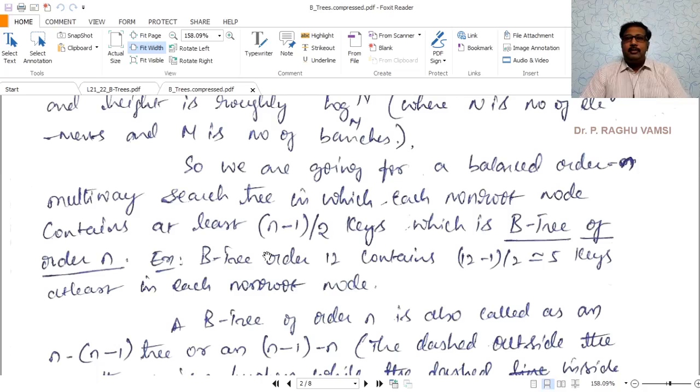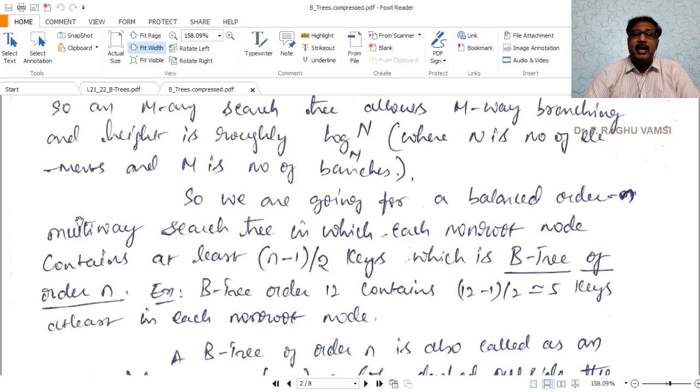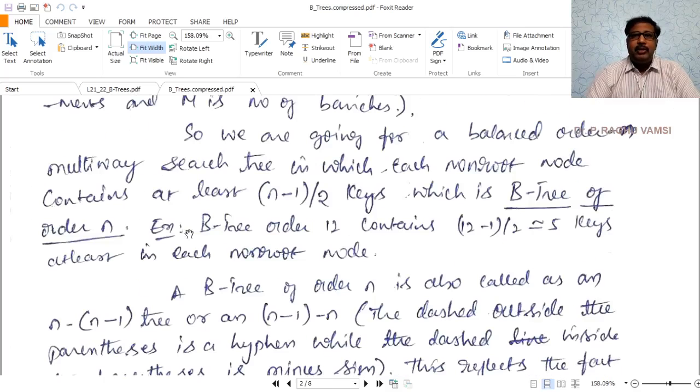For that, the arrangement we are going to make reduces the height and levels the depth via M-way arrangement of the tree. Whenever the M-way arrangement is made, the time complexity of accessing the elements will come down to log n to the base m, where n is the number of elements and m is the number of branches. That is the reason the arrangements will be like this.